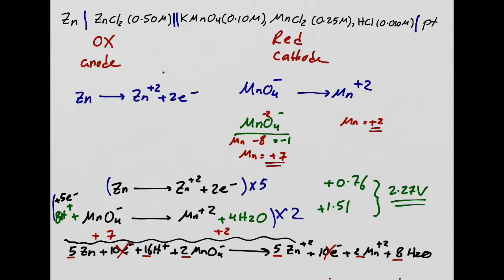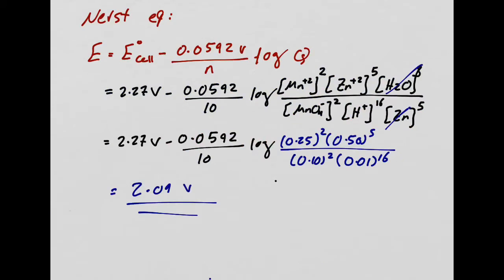Now I gave you this practice problem. The concentrations were not 1 molar, so I had to use the Nernst equation. I knew oxidation, I knew reduction. You have to balance the equation. That really matters now, because I need to figure out how many electrons are being transferred. Find a balanced equation, then you are going to plug it in.